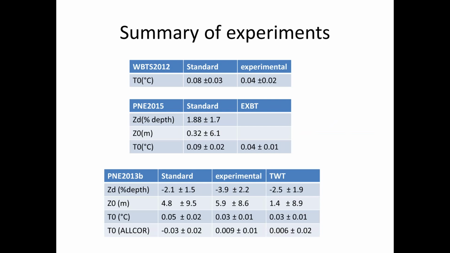So just a brief summary of all the numbers we got here. In the experimental probe, we have a reduction of about half the bias, and this was performed just for the calibration without using experimental probes.